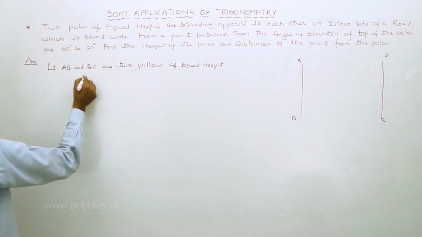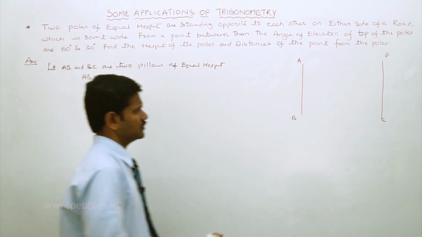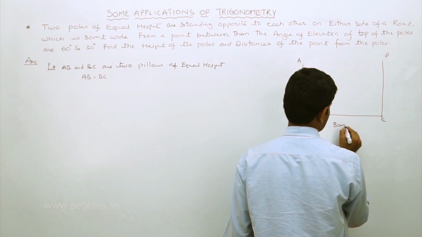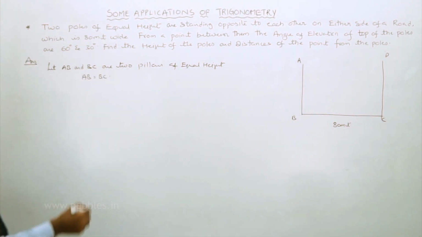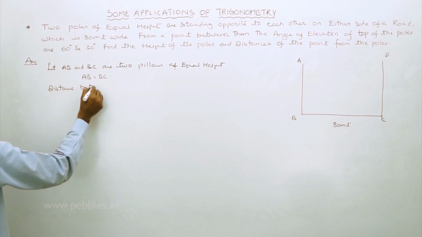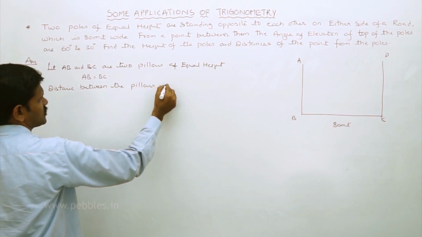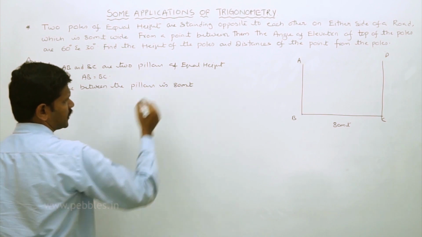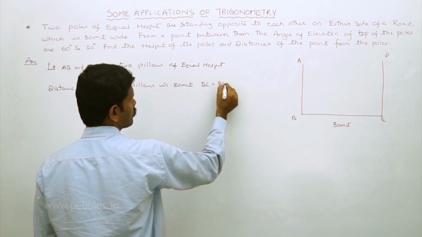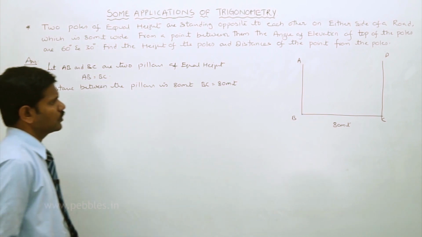That is, AB is equal to CD, and the distance between the pillars is 80 meters wide. That is, the distance between the pillars is 80 meters. That is, BC is equal to 80 meters.